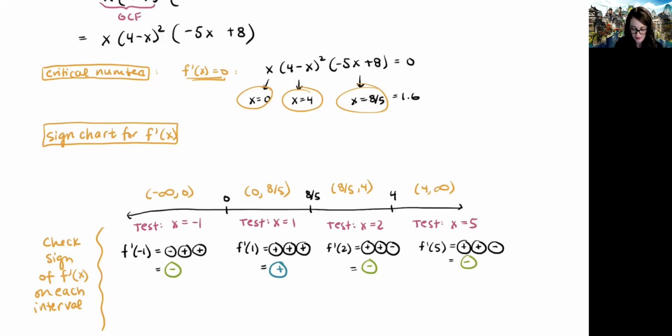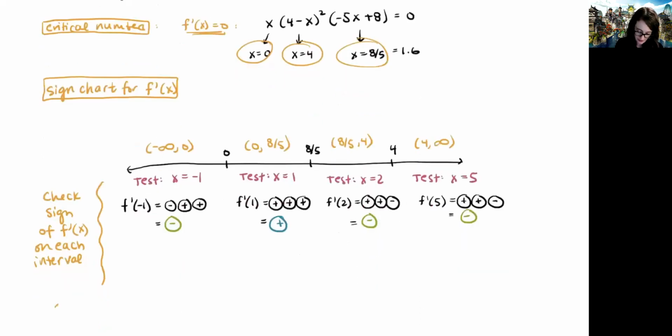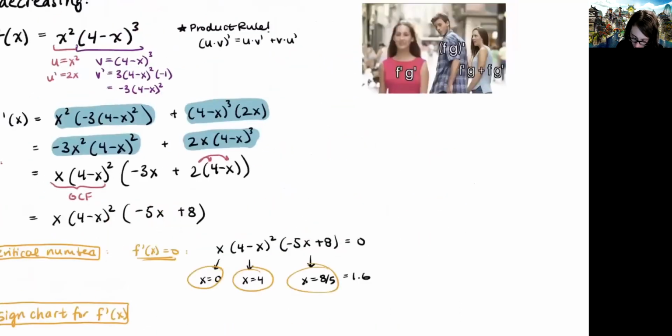Okay, a little tedious, but not too hard, right? So let's make our conclusion. Interpret the calculus for everyone else who isn't fortunate enough to understand what this means. Our original function was x squared times 4 minus x cubed.